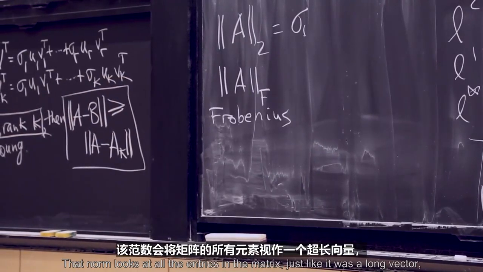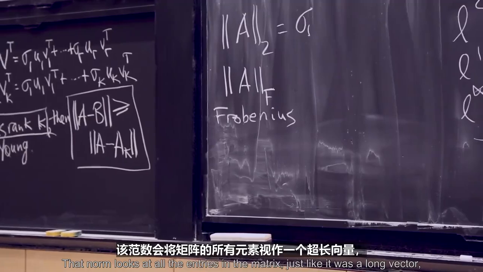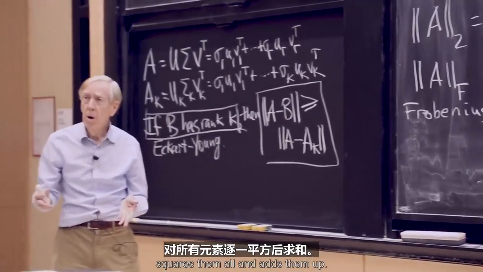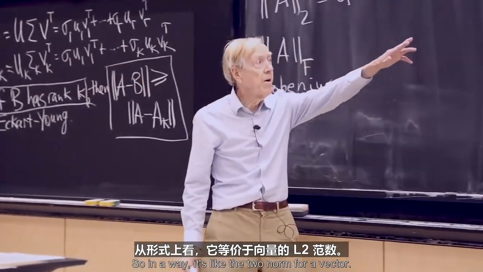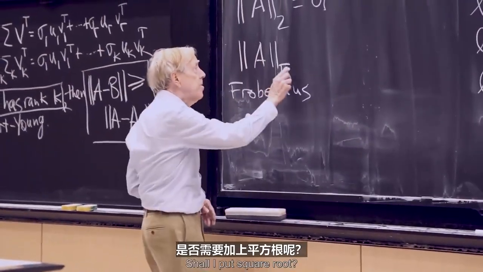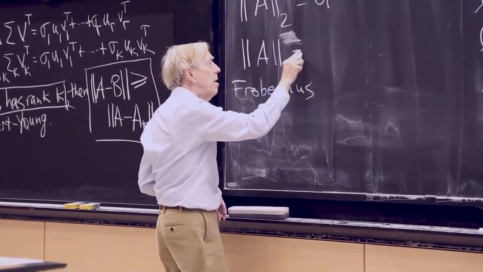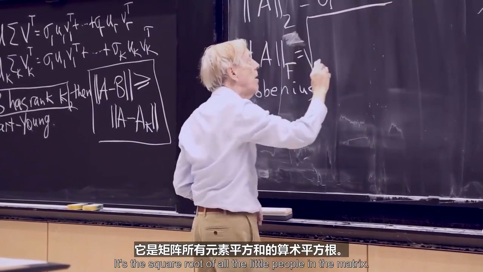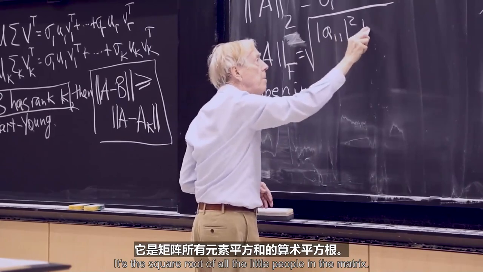That norm looks at all the entries in the matrix, just like it was a long vector, and squares them all and adds them up. So in a way, it's like the 2 norm for a vector. It is the square root of all the little entries in the matrix.